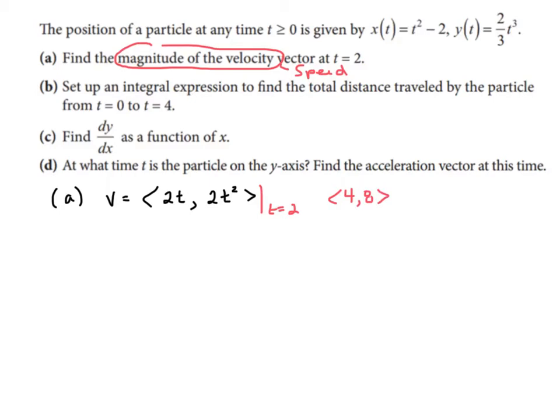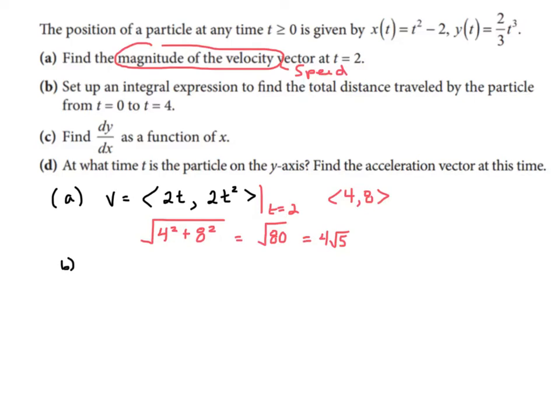So the magnitude of that vector, we just use the Pythagorean theorem, 4 squared plus 8 squared. So 16 plus 64 is 80. Square root of 80. We could certainly simplify that to be 4 square roots of 5 if you wanted to. So that is the speed or magnitude of the velocity vector.